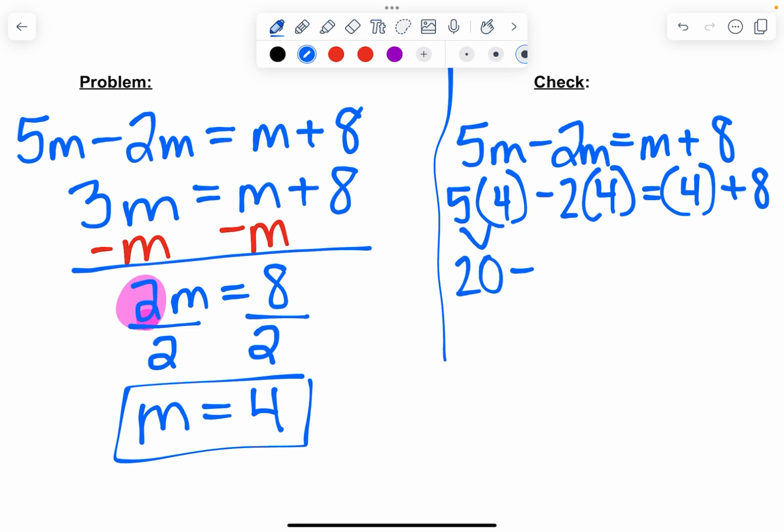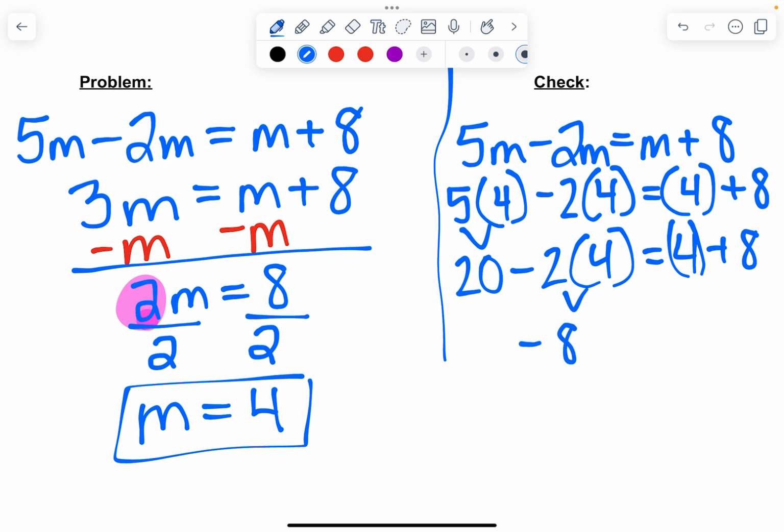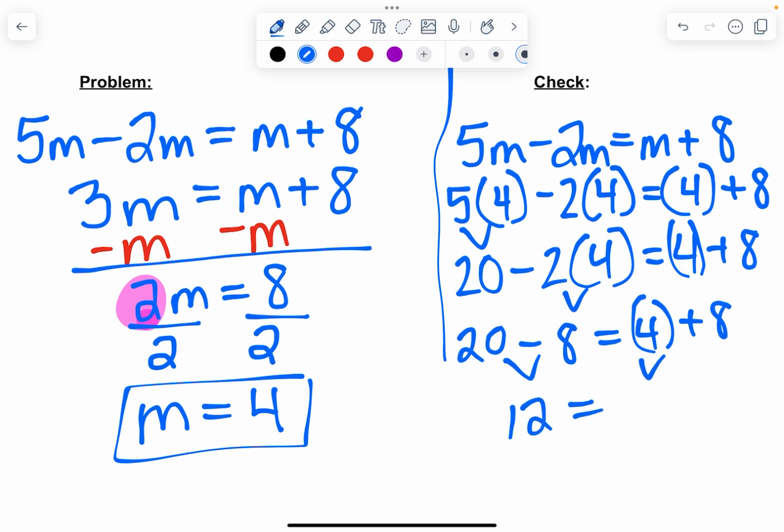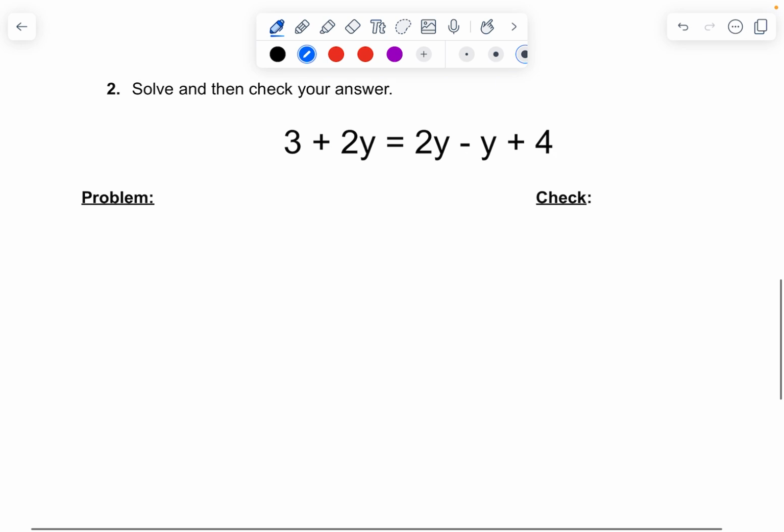So 20 minus 2 times 4 equals 4 plus 8. Multiply, I get 8. And then I write all that other stuff down. And I get 20 minus 8, which is 12. And 4 plus 8, that gives me 12. And that's a check. Let's move on to the next problem.